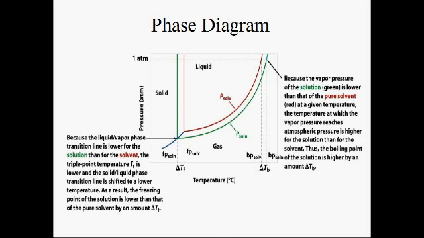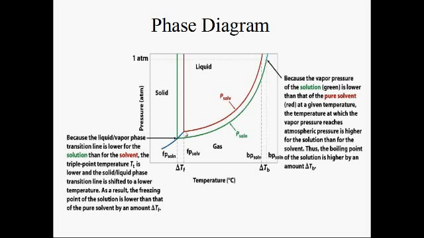So this red line here would be the vapor pressure for the original solvent. As we decrease the vapor pressure of the solution, it drops down. As it drops down here near the boiling point, we have to raise the temperature to take the vapor pressure back up to 1 atmosphere, to the boiling point. So we have an increase of our boiling temperature.